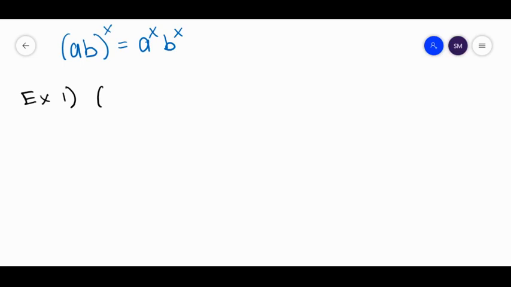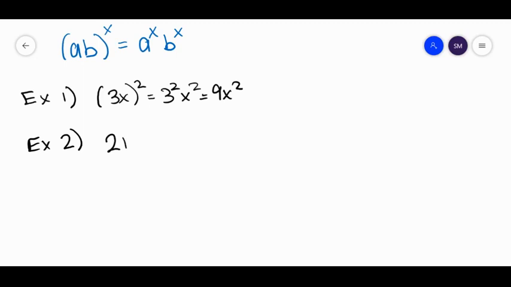So for example, 3x squared is equal to 3 squared times x squared, which is equal to 9x squared. 2k squared raised to the 3rd power would be equal to 2 to the 3rd power times k squared to the 3rd power, which is 8 times k to the 6th.